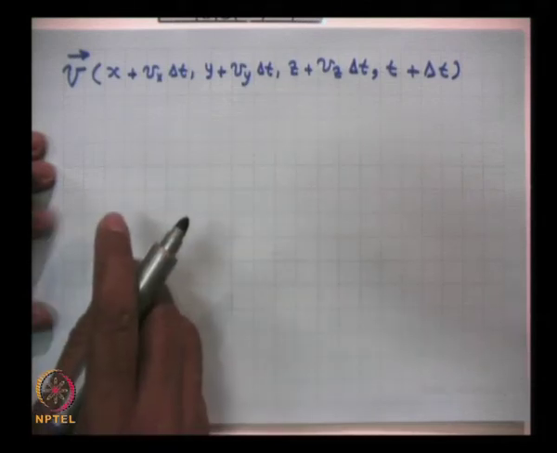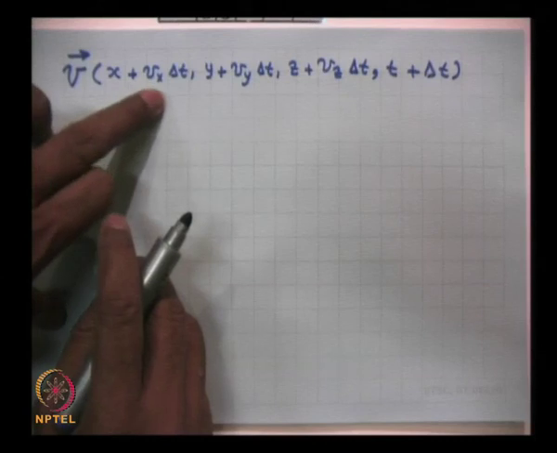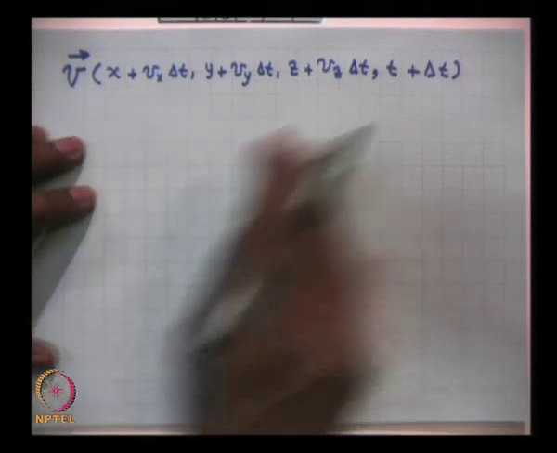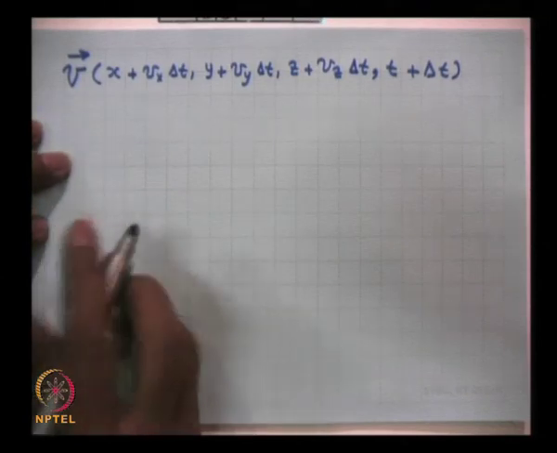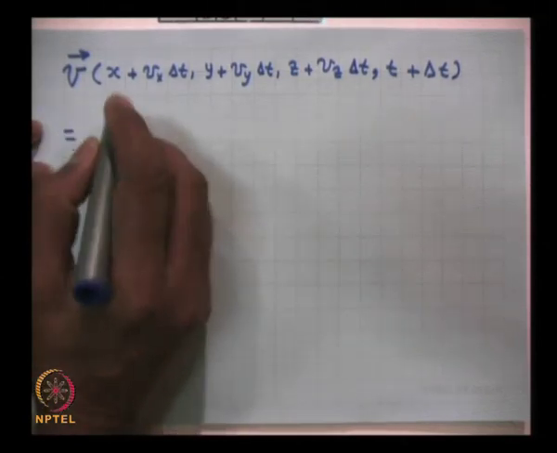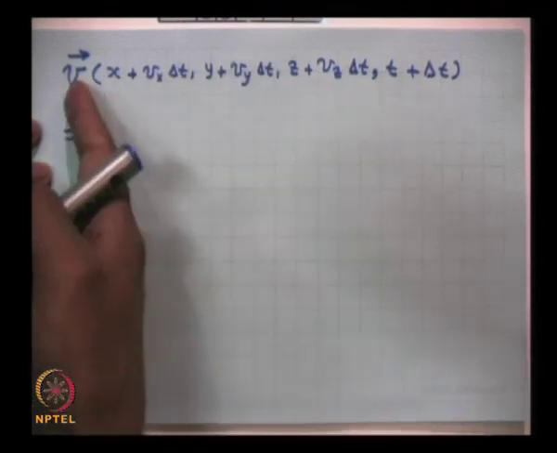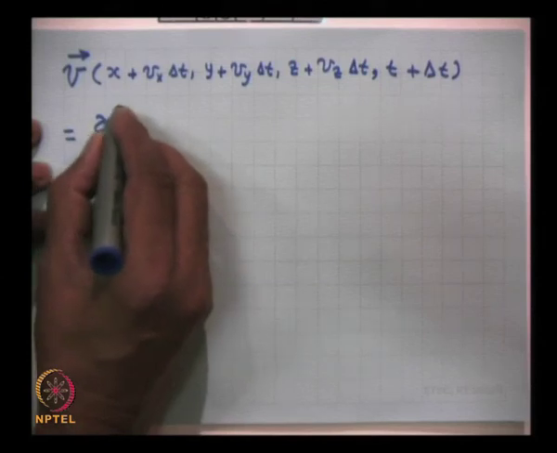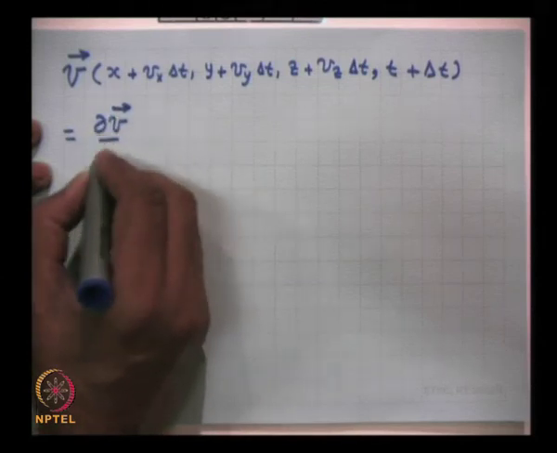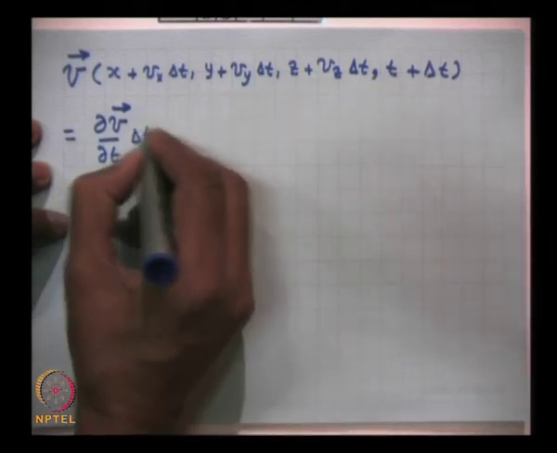This is my V at position r plus V delta t and t plus delta t. I am using the Taylor expansion. This gives me, because this is a function of 4 variables, so I will differentiate V with respect to each variable one by one: delta V by delta t into the change in variable t, which is delta t. This is the first thing.